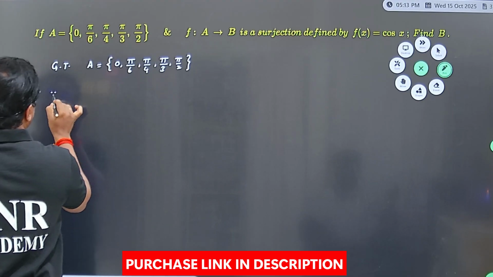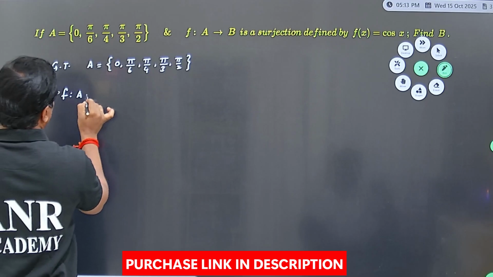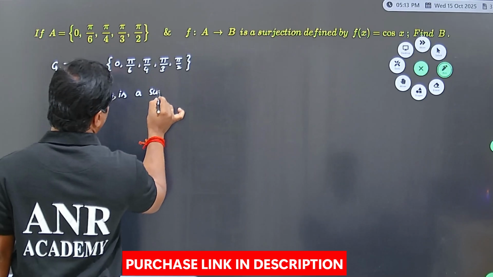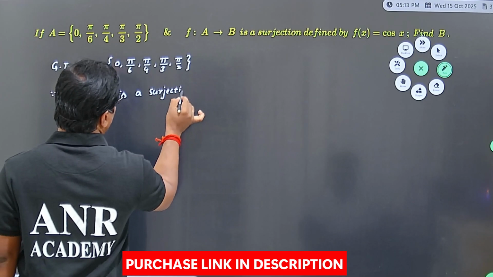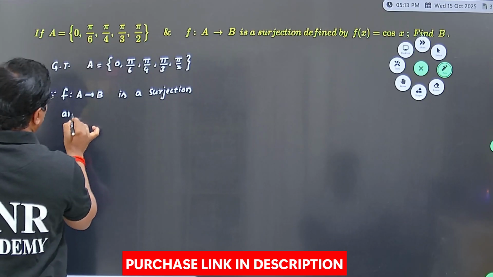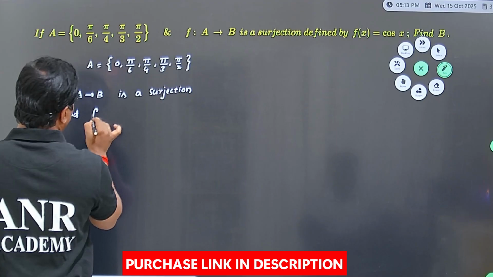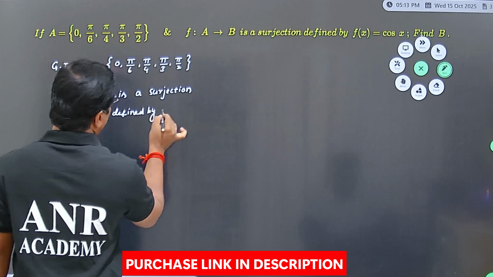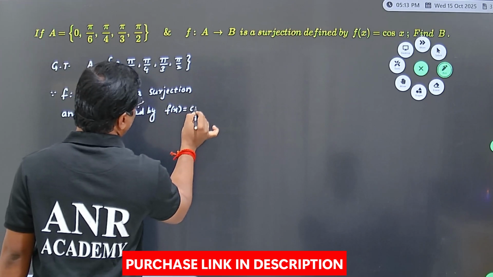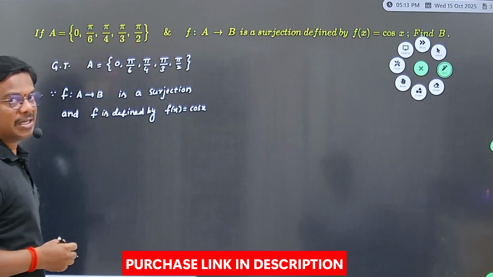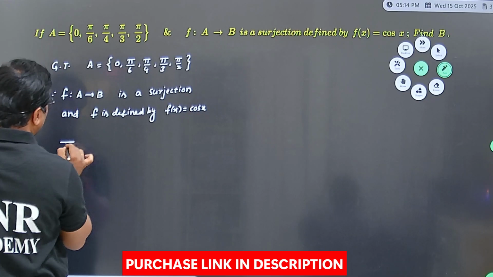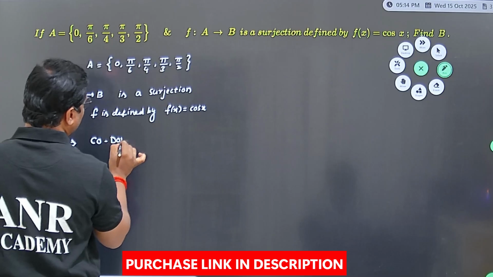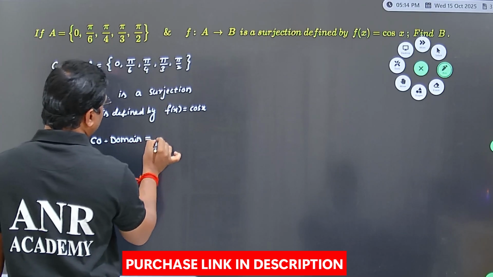Since f mapping from A to B is a surjection, and f is defined by f of x equal to cos x, this is the given data. Since surjection implies, I can write the surjection condition: codomain equals range.